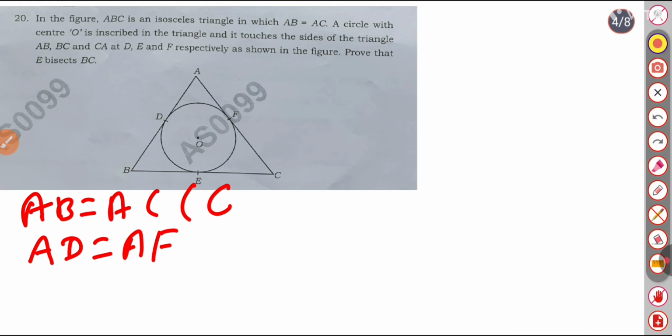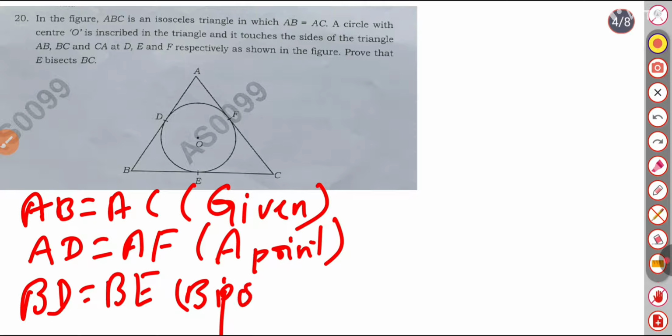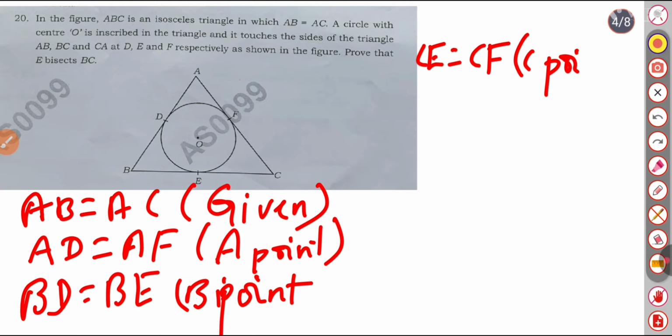Also B is the external point. So from B point, BD is equals to BE. B is the external point. Next, CE is equals to CF. Here C is external point.